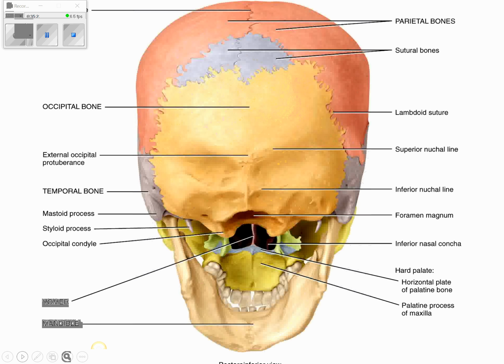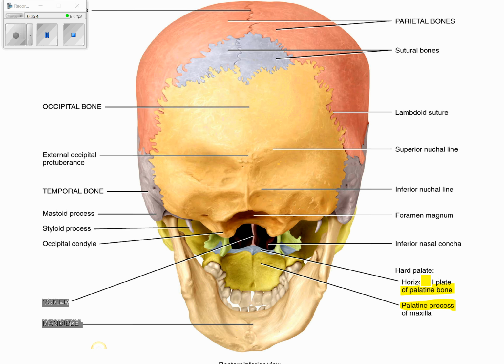Just in case you see pictures on the test or the quizzes, with this view you should be able to label the palatine processes, which we'll talk about here in just a little bit.